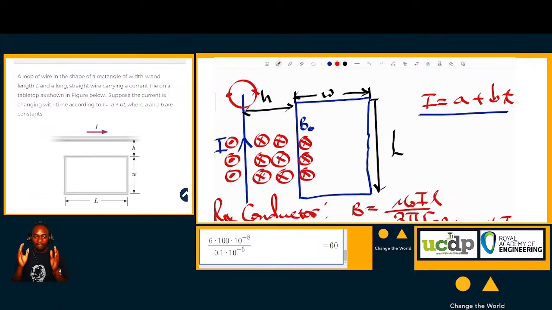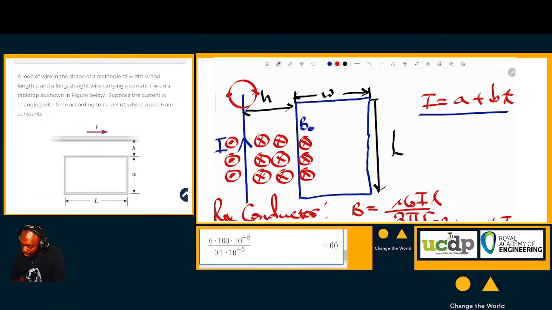So this is the magnetic field due to that straight conductor. But the reason why I erased it is that when you are looking at the induced current in the coil, you consider the magnetic field due to the straight conductor which is in the coil. Did you get that part?